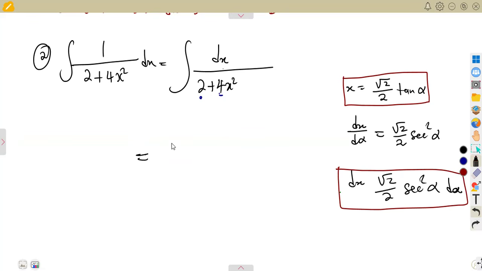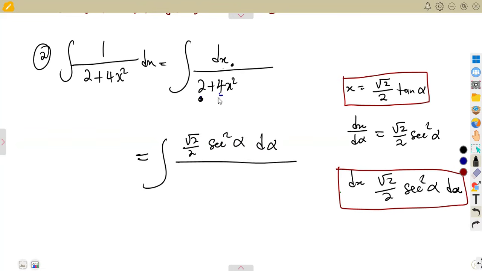All right, so let's substitute the integral of, in place of the dx, this is what we got: the square root of 2 over 2 sec squared alpha d alpha. Then we got this part, which is 2 plus 4 x squared. So this is x. What about x squared? That means the square root of 2 over 2 tan alpha, squared.